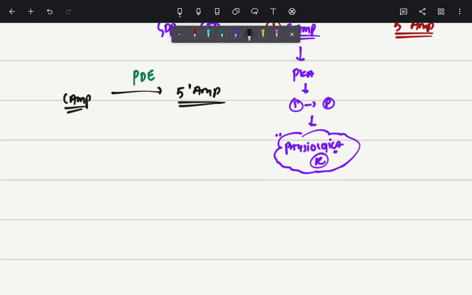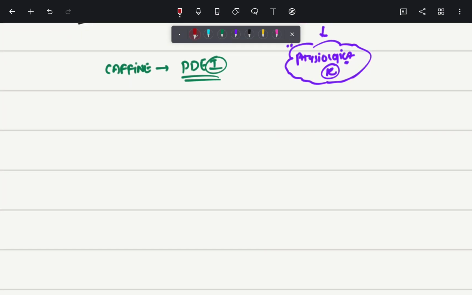Okay, now why is this important? Because there are certain things like caffeine, and this caffeine is a phosphodiesterase inhibitor. Now what happens if there is a phosphodiesterase inhibitor such as your caffeine? Normally cyclic AMP will eventually get inactivated into 5' AMP or adenosine monophosphate.